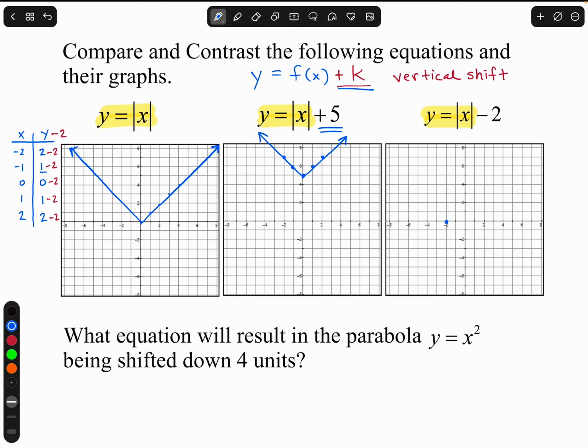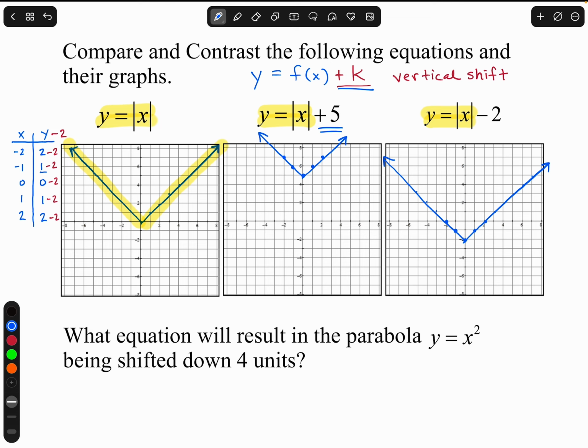We'd have a point at -1, -1. We'd have a point at 0, -2. And you can see when you compare it to our original graph that everything has been shifted down 2 units. Go ahead and throw some points on here and then finish connecting it. Just like that.